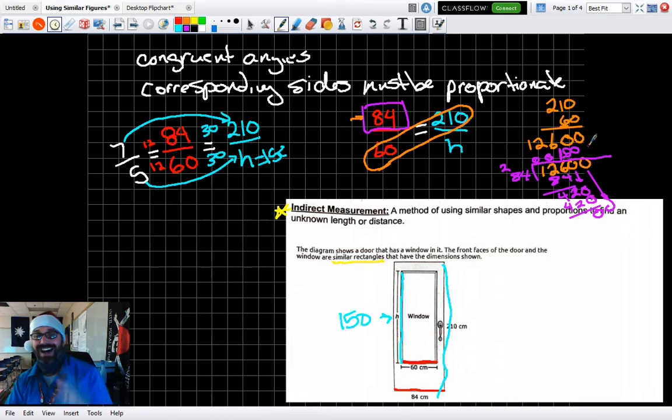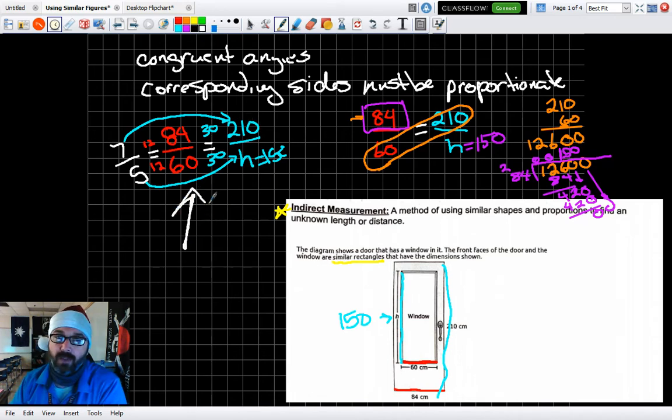So we have two ways of doing this because we just found that h equals 150. You do whatever way is most comfortable for you. What I find is doing it with the reduction way and finding that ratio is easier if you're doing it on pen and paper without a calculator, whereas cross multiply and divide is much easier if you have a calculator.